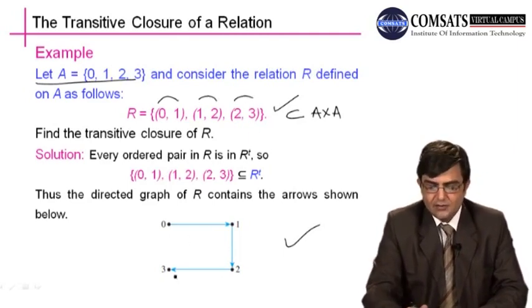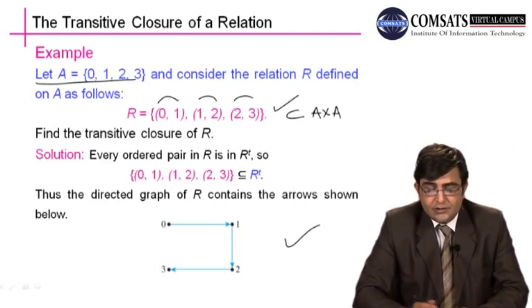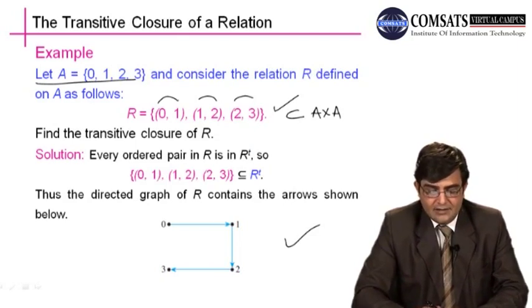So we have 3 arrows here. So this is the directed graph of the given relation.